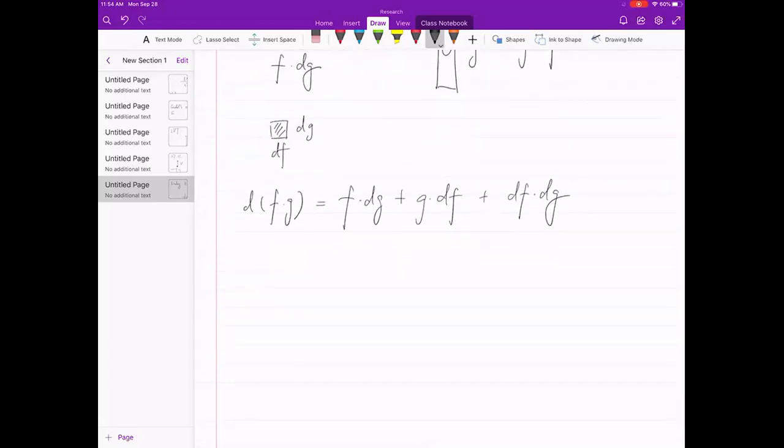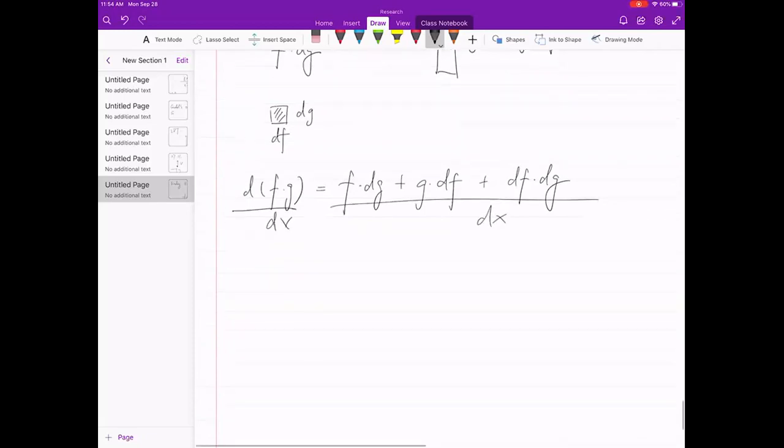That's the change. How to make it the change in rate? You divide by dx. Okay, on the left, the change in rate. On the right, the two things divided by dx, I purposely wrote these two together, which you can do.